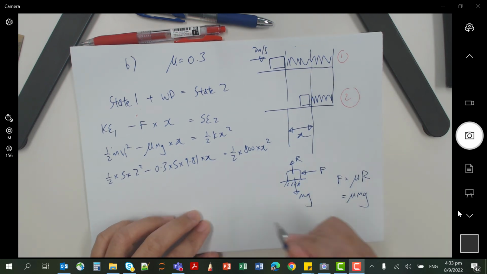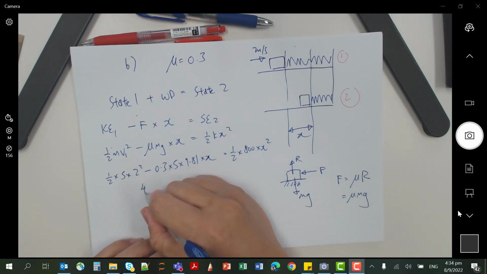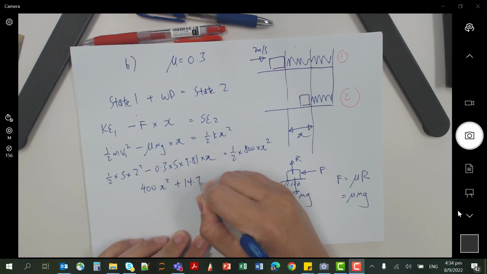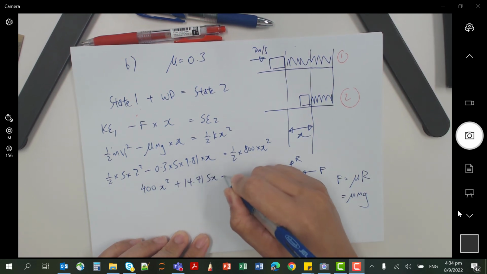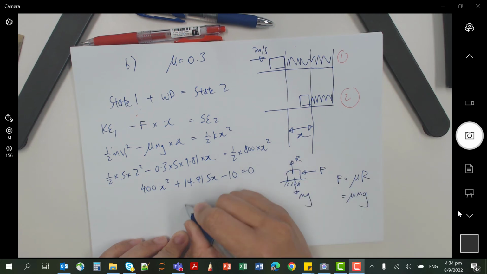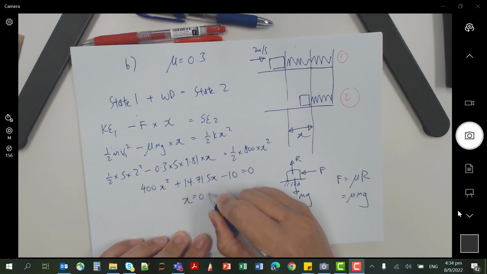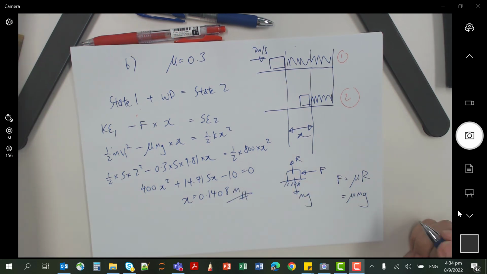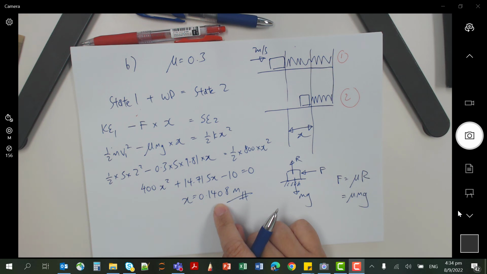So here you will form a quadratic equation, and you will find your x to be 0.1408 meters. Now does this number make sense?